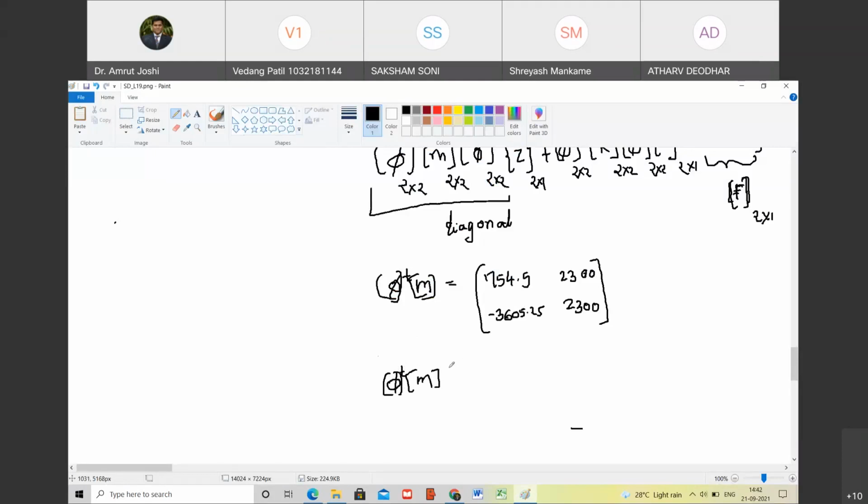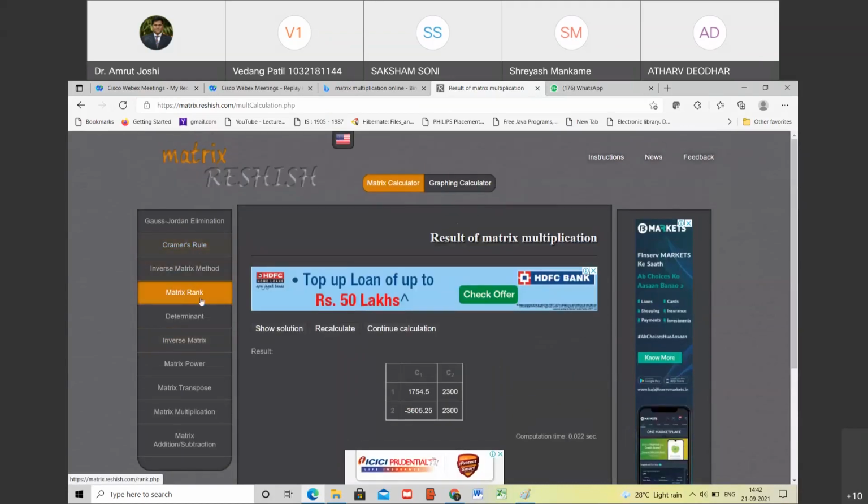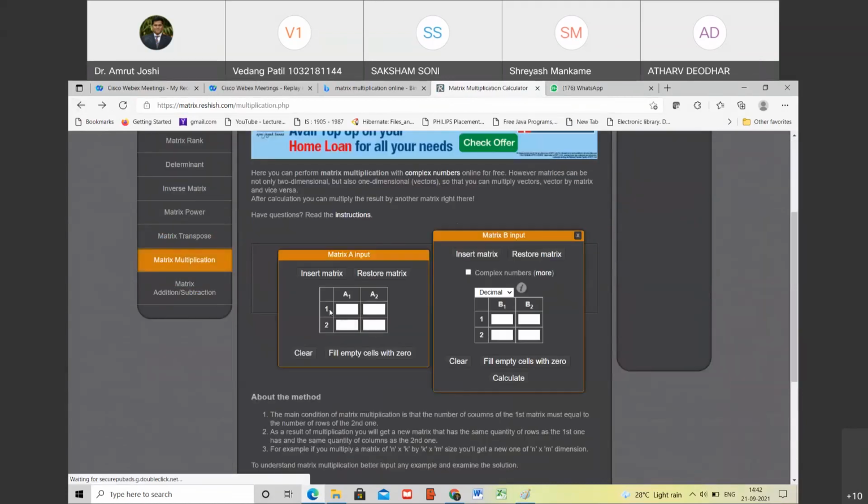Now let us do phi transpose M phi. So I need to multiply this matrix by phi. This matrix is this one. Do you agree? Yes. So let me continue the calculation.